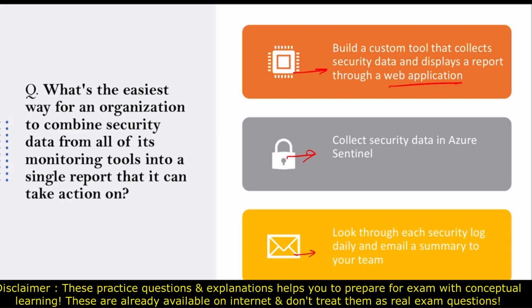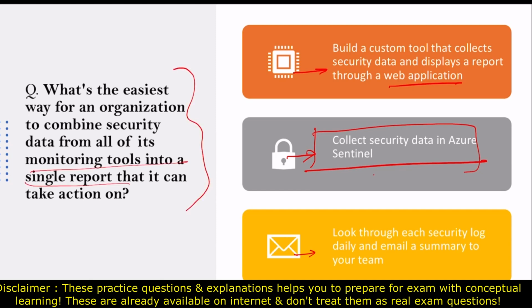For this one, our correct answer is collect security data in Azure Sentinel. As we have already seen when I described it, it provides a bird's eye view to get all the information in a single view. That is what they are saying, monitoring tools into a single report. So our answer is this one.